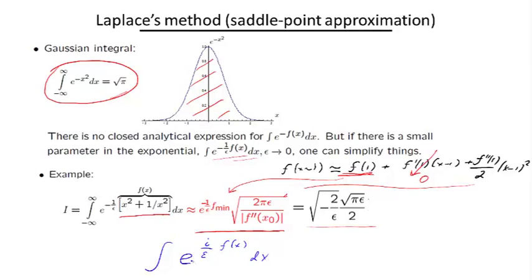And the reason for that is because e to the power i f of x can be written as a bunch of cosines and sines, and if epsilon becomes very small, they become strongly oscillating functions, which on the average give us 0, because you have a positive part of the cosine and a negative part of the cosine, and they in some sense balance each other out and give on the average 0. And there is a similar argument that you can write the expression of this integral in a very similar form and focus only on the minimum of this function.